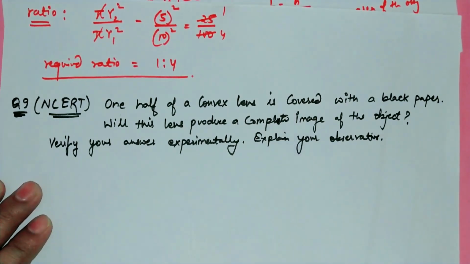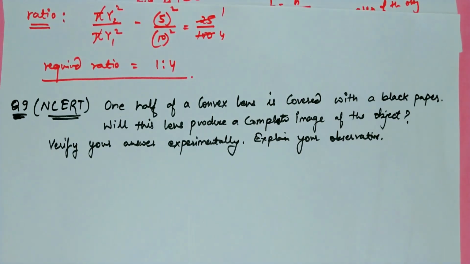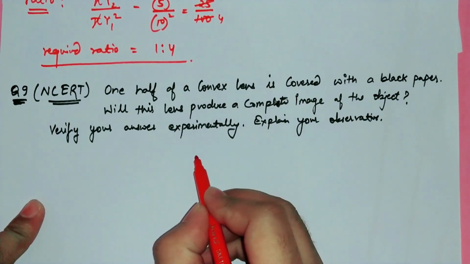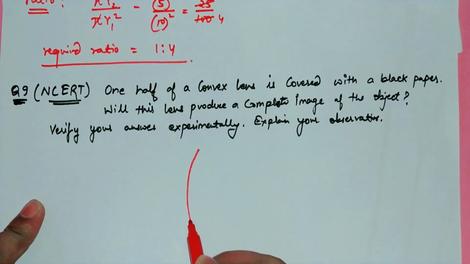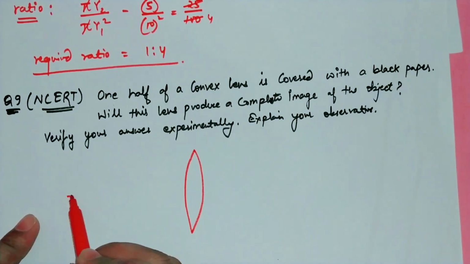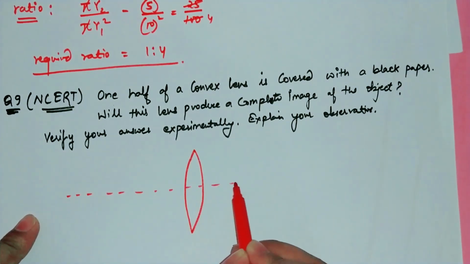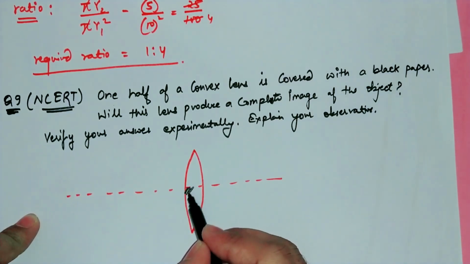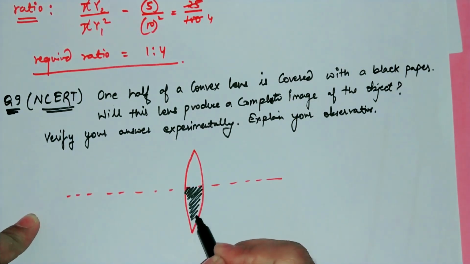So let us check. Suppose we have a convex lens. This is the convex lens, this is the principal axis, and half of this convex lens is covered with black paper.